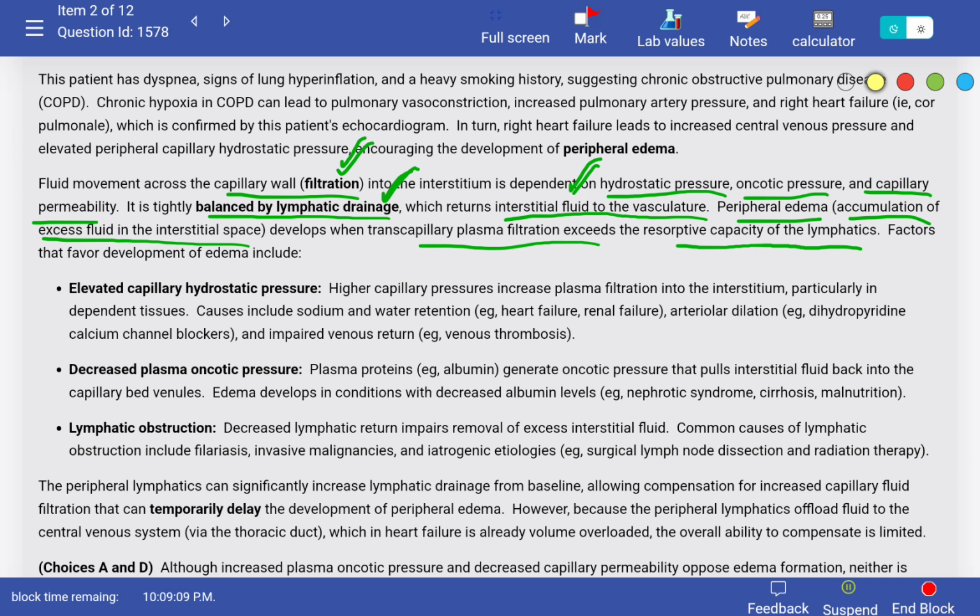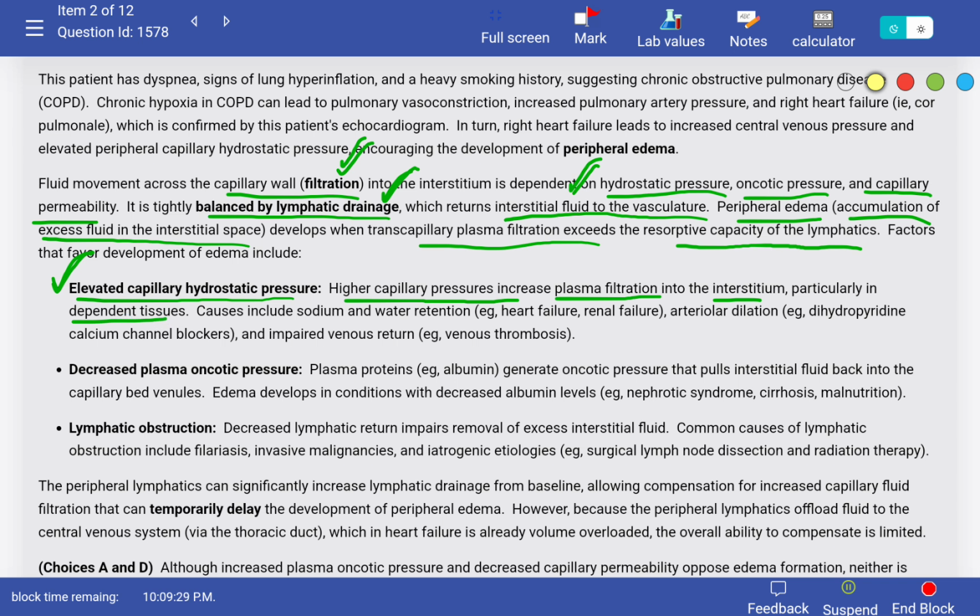Factors that favor development of edema include elevated capillary hydrostatic pressure, so that would move the fluid from the vessels outside into the interstitium. So high capillary pressures increase plasma filtration into the interstitium, particularly in dependent tissues.